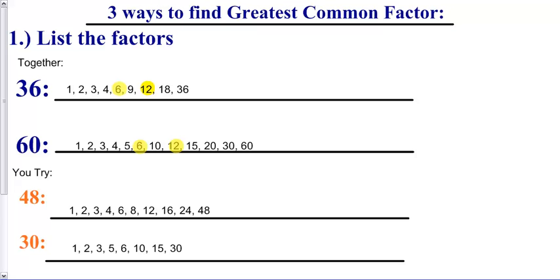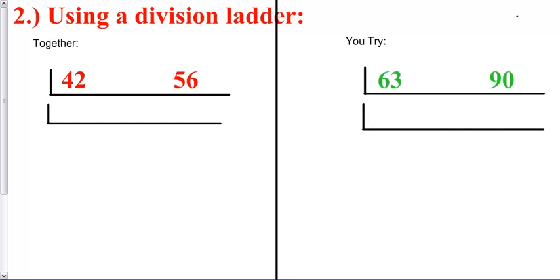That's right, 12 is the greatest common factor. Okay, so not only are they common factors, but 12 is the greatest common factor. Okay, and all you gotta do is circle it. Looking at 48 and 30, to me it looks like 6 is the greatest common factor for 48 and 30.